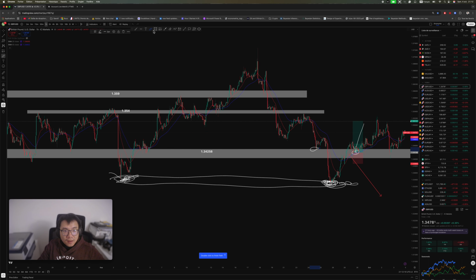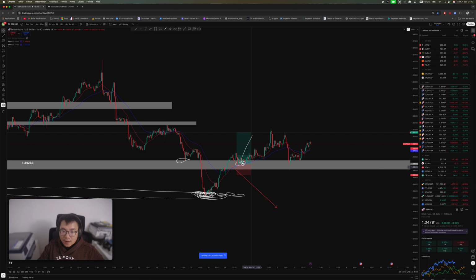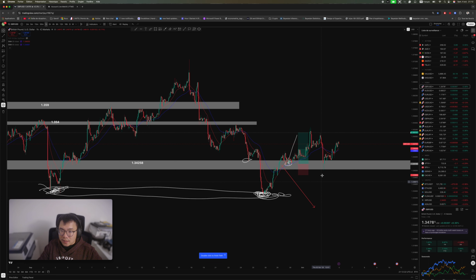Then, after price, I think it's not here, but rather here. After seeing price holding above this level, I decided to go long. And then it just went up really smoothly.